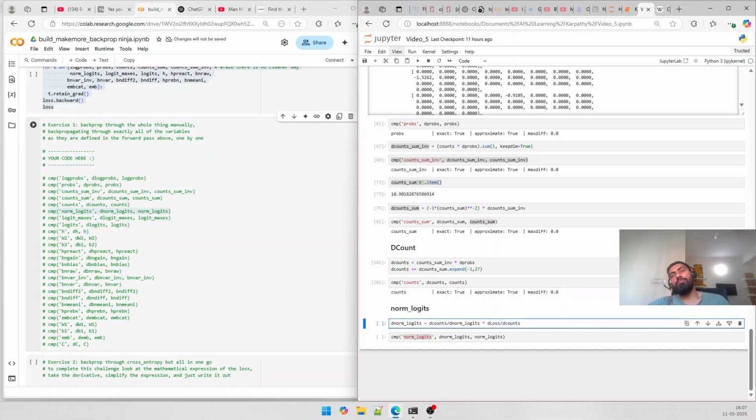Okay, so norm logits is impacting counts, counts is impacting loss. So this is the general. This is already calculated.